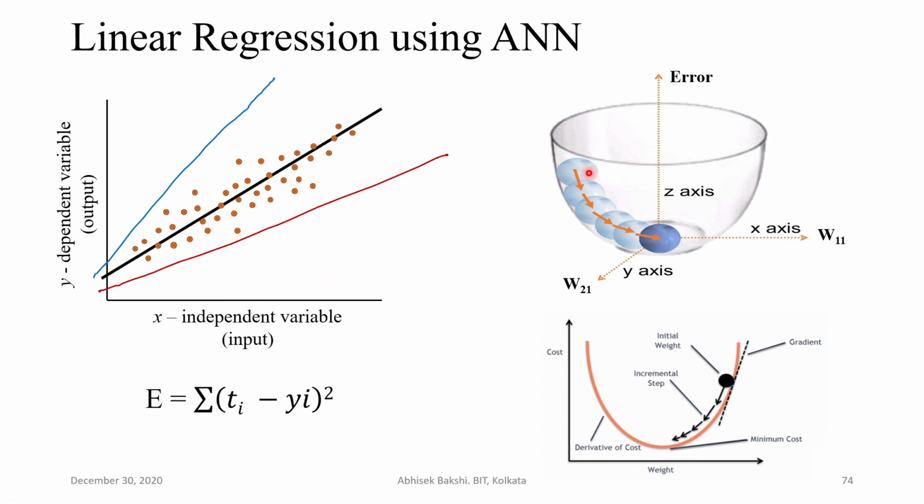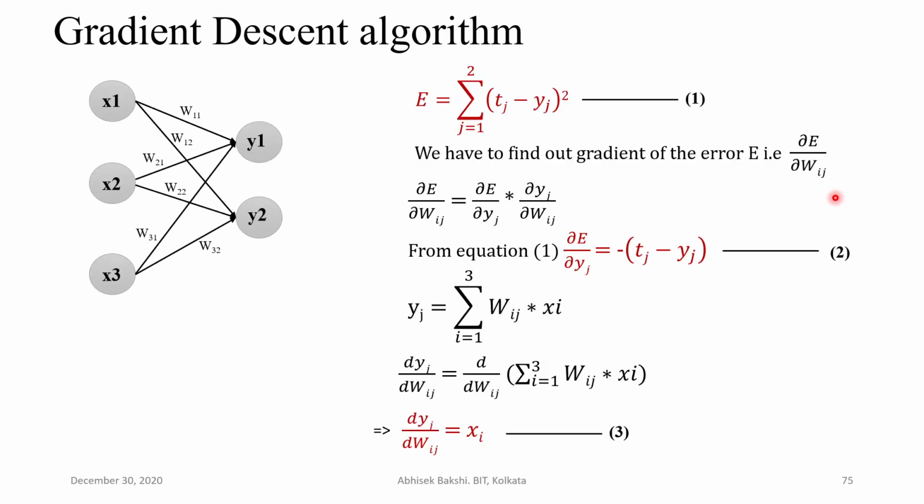You started from here and you come to almost zero error. And you can start anywhere on the surface. It will entirely depend upon the value of W21 and W11, whatever may be.